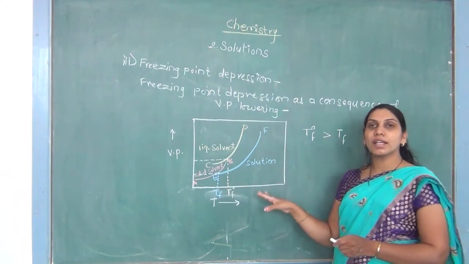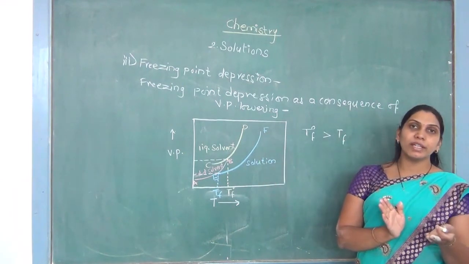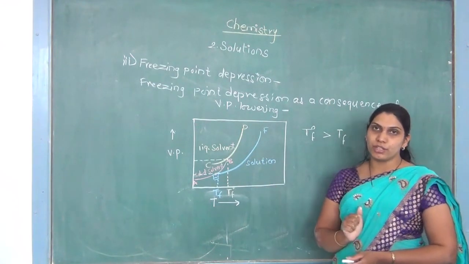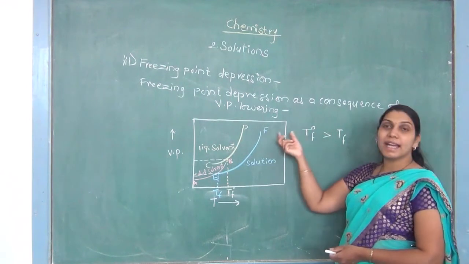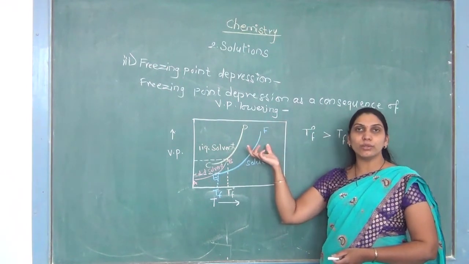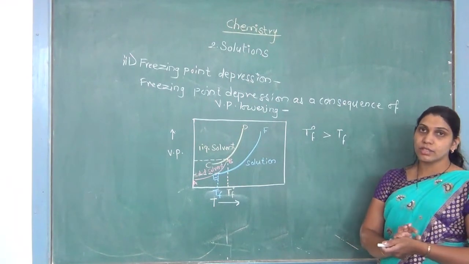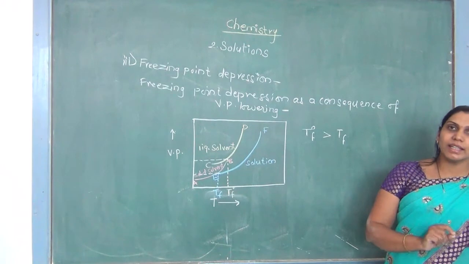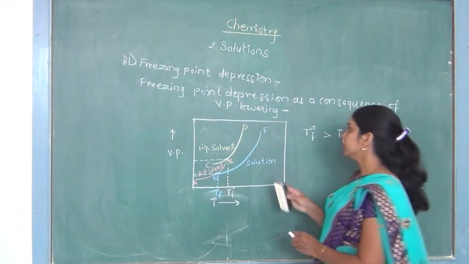So from this graph, we have studied how the freezing point depression depends on the lowering of the vapor pressure. Now we'll see why the freezing point is decreased by addition of a non-volatile solute.